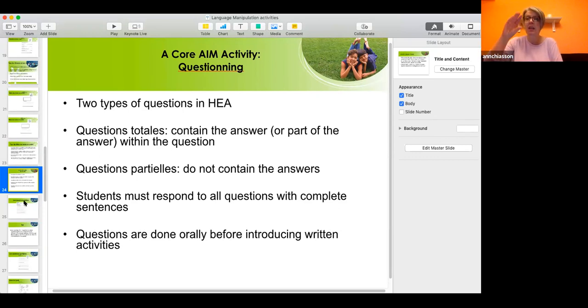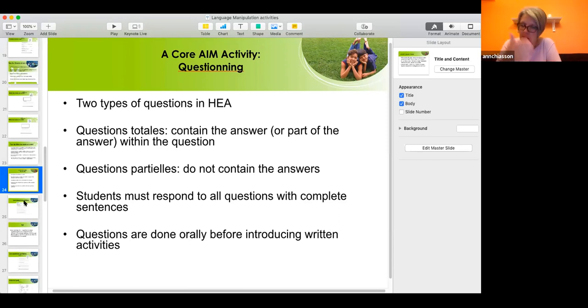Tout le monde dit les questions avec moi et tout le monde dit les réponses aussi. Je commence. Première question. Est-ce que la poule ma boule habite dans le ciel ou à la ferme? Right? I get them to say it with me. La poule ma boule habite à la ferme.